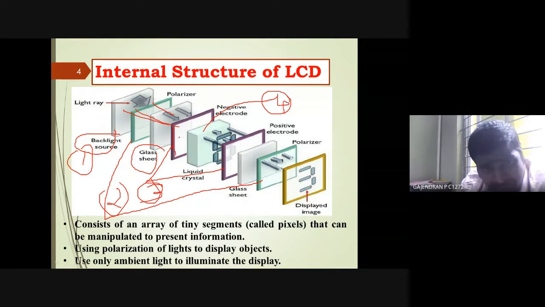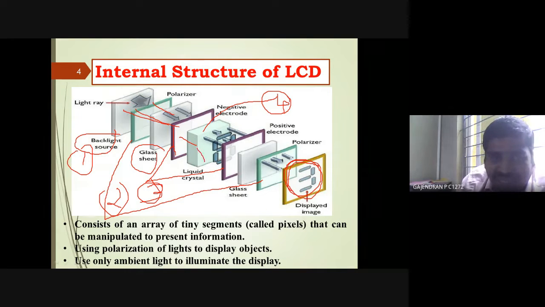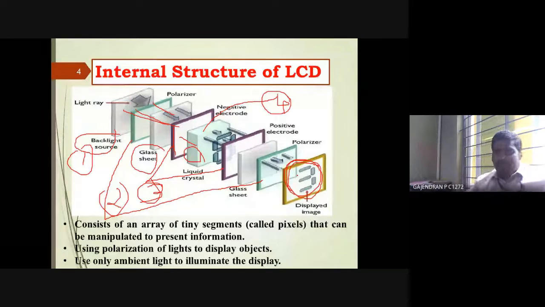Then electrode. Then liquid crystal. Please tell me when I can see the character. When I can see the character, is the light twisted or not twisted? Light twisted aana visible aaguma, illa twist aagati visible aaguma, that alone you tell me.